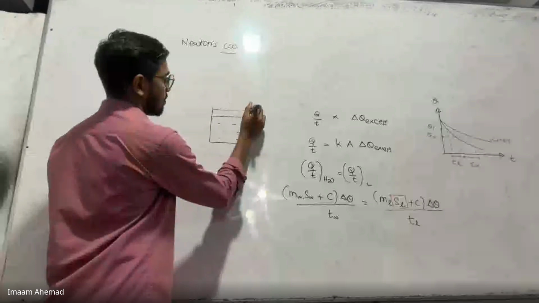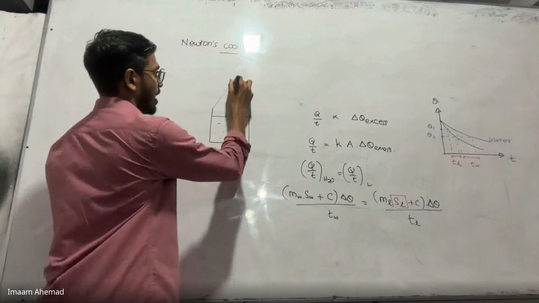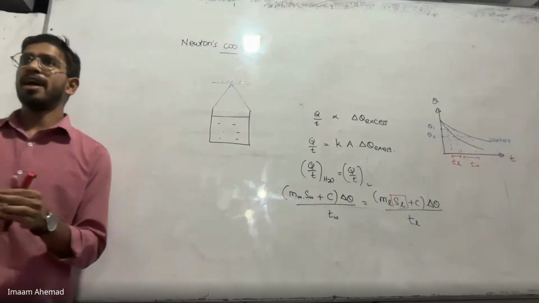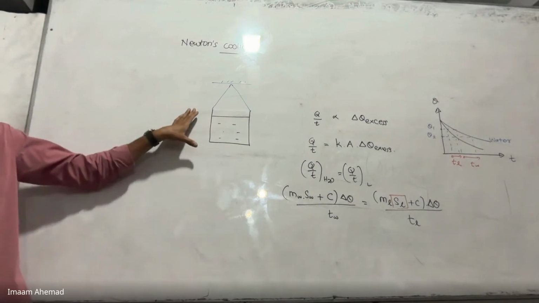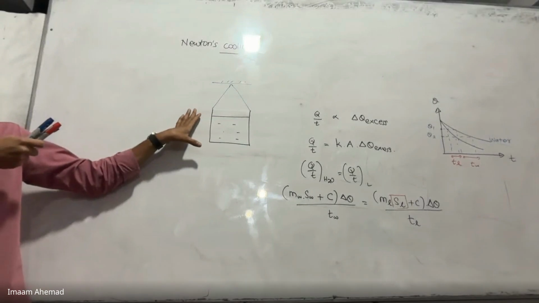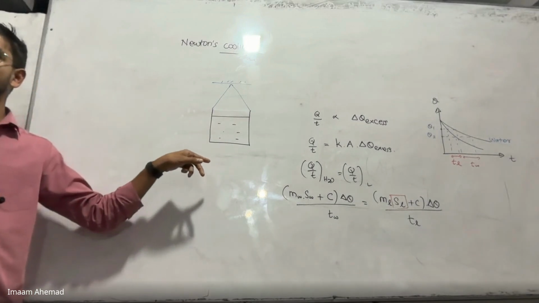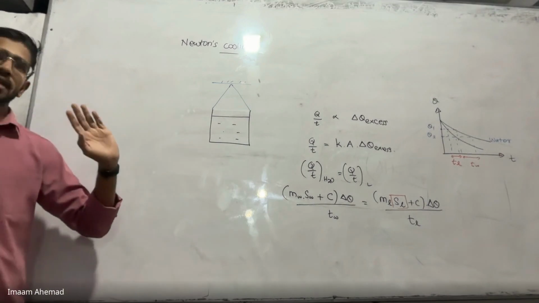We can hang this. If we hang this system, then it is not in contact with anything else, so we can minimize the energy loss by conduction in this method. Otherwise, we can place it on small bits. By those two methods, we can reduce the heat loss by conduction.